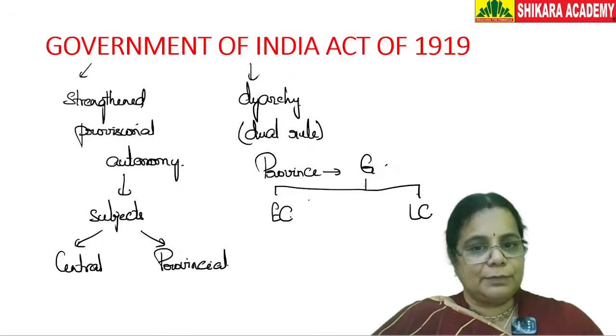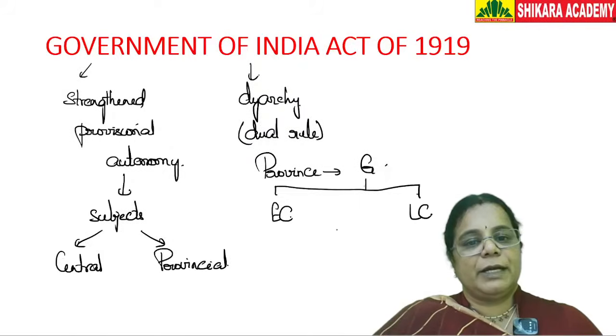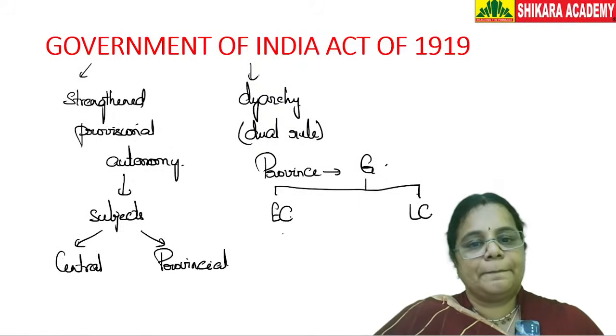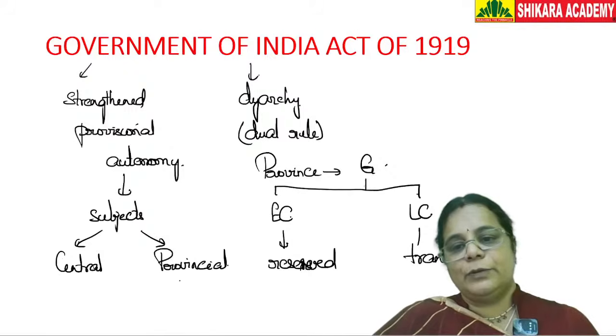Now the provincial subjects were again divided into two parts: the reserved list and the transferred list.